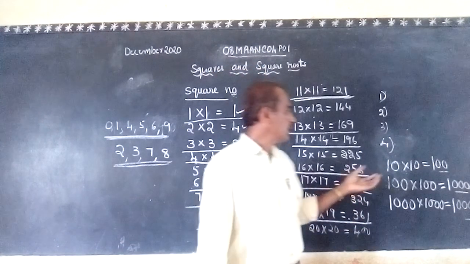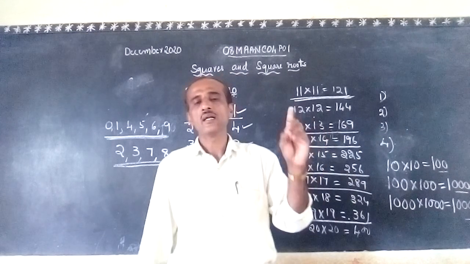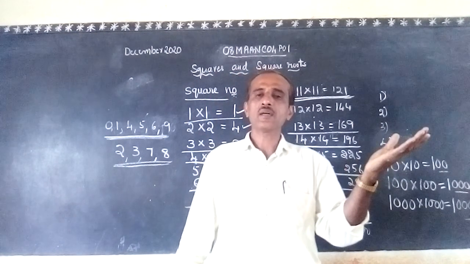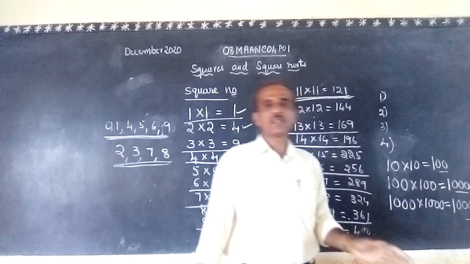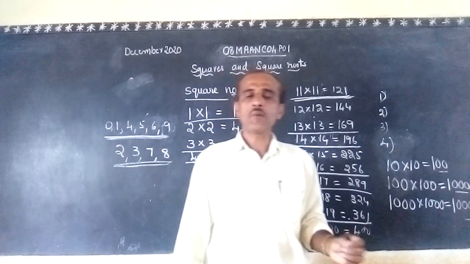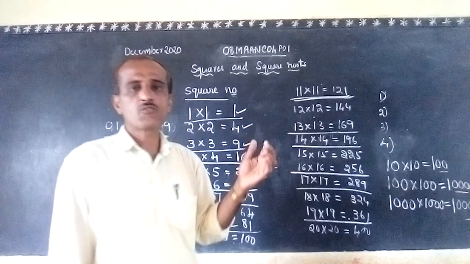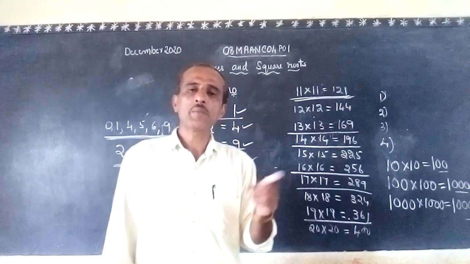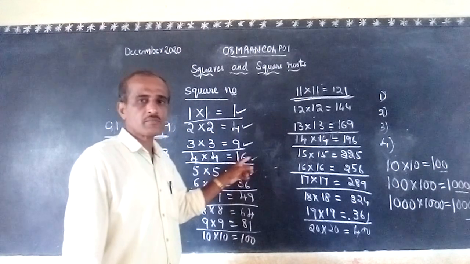Okay, if there are 2, 4, 6, 8 zeros, like that, or 10, 12 zeros, like that it comes. Okay, so this is another property. So some of the properties are learned. So again, we will come back. What is a square number? If a number is multiplied by that same number, then what we get is called a perfect square.